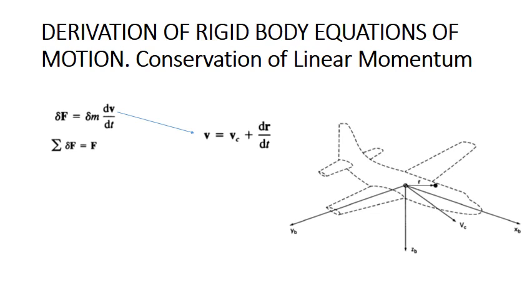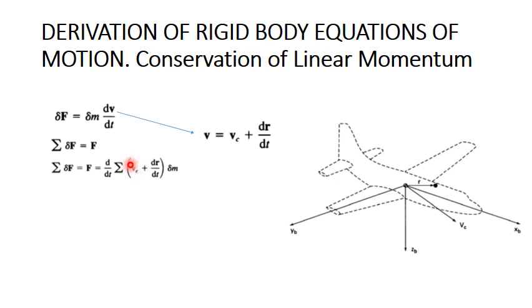Substituting in Newton's second law with these two relations, V and the summation of ΔF, we get the following: the summation of ΔF, which is equal to F, equals d/dt of the summation of (Vc plus dr/dt) times Δm.